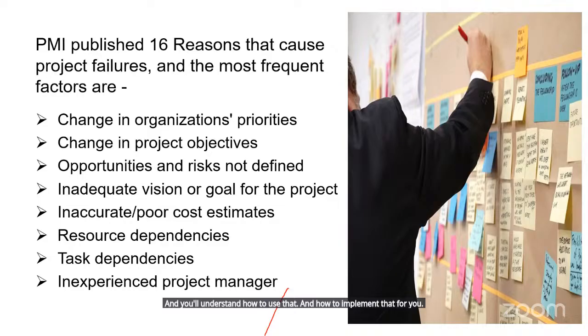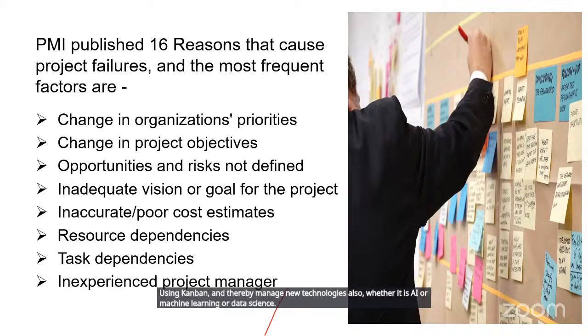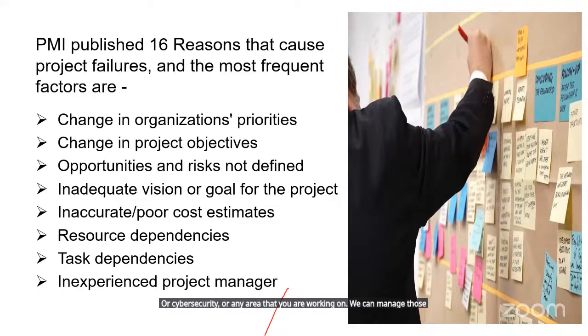So we need to be very careful that we are not inexperienced, and we build our skills as a project manager to manage our projects effectively in an agile way using Kanban, and thereby manage new technologies also, whether it is AI or machine learning or data science or cyber security or any area that you are working on. We can manage those projects with KPPM. So that is the power of this framework, this model, and it will help us to learn a lot of things.